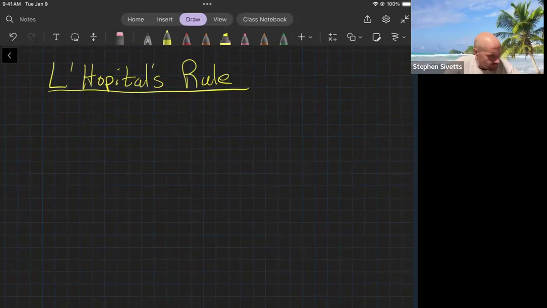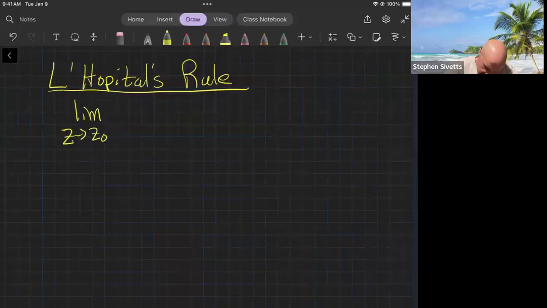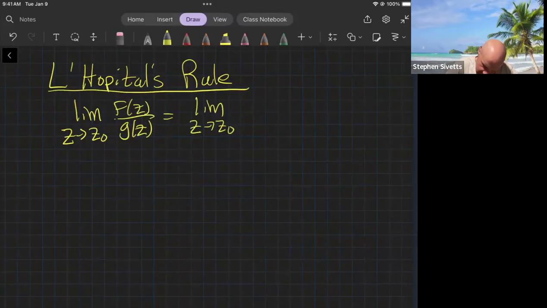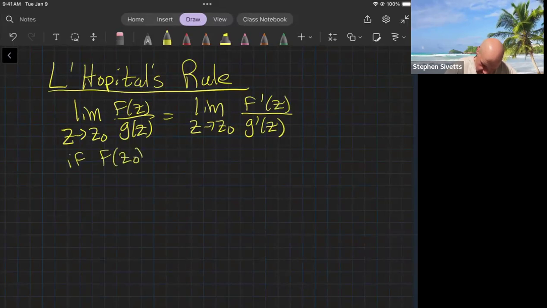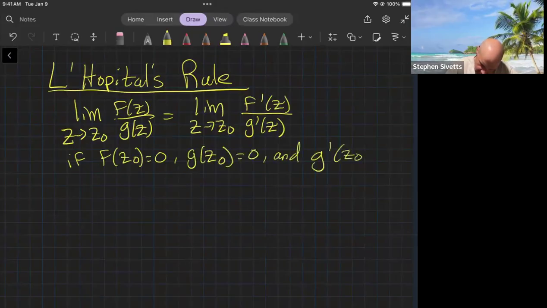The rule: the limit as z approaches z naught of f of z divided by g of z equals the limit as z approaches z naught of f prime of z divided by g prime of z, if f of z naught is 0, g of z naught is 0, and g prime of z naught is not 0.